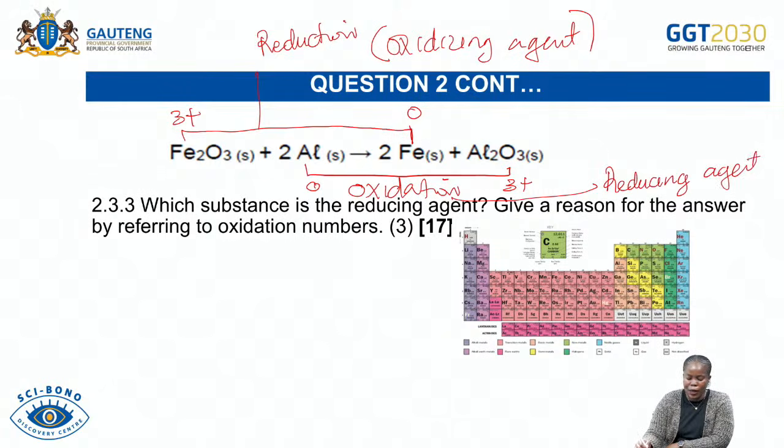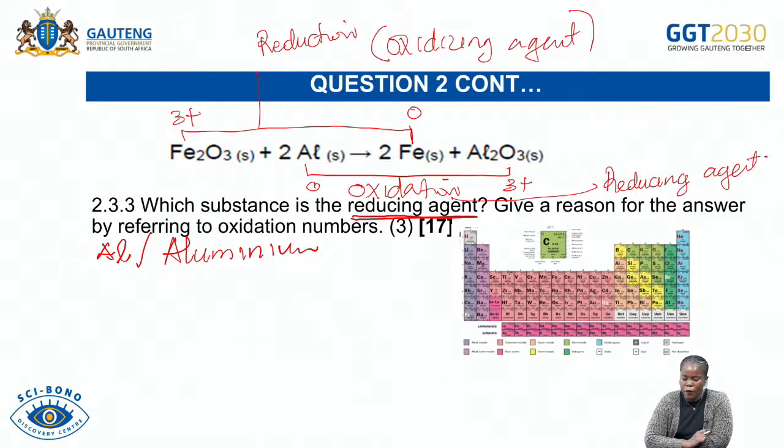Now, when a question like this comes, which substance is a reducing agent, it becomes simpler for you to say it's just aluminium, because you've analyzed everything in order. So aluminium, you can say Al, or write aluminium in full.